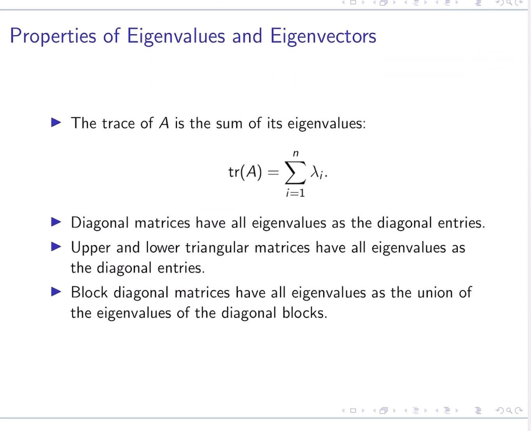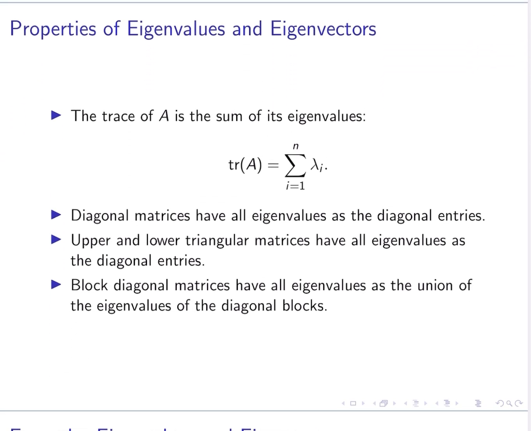Another property is the trace of A. What is a trace? Trace means the sum of the diagonal elements. So if you have a matrix, the sum of all the diagonal elements becomes the trace. If you have eigenvalues lambda 1, lambda 2, lambda 3 and so on, then the trace of the matrix will be the sum of the eigenvalues. You got my point or not?